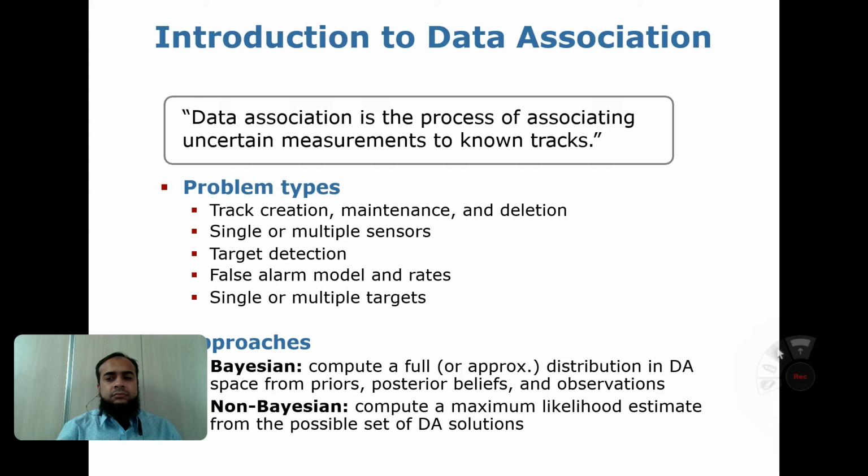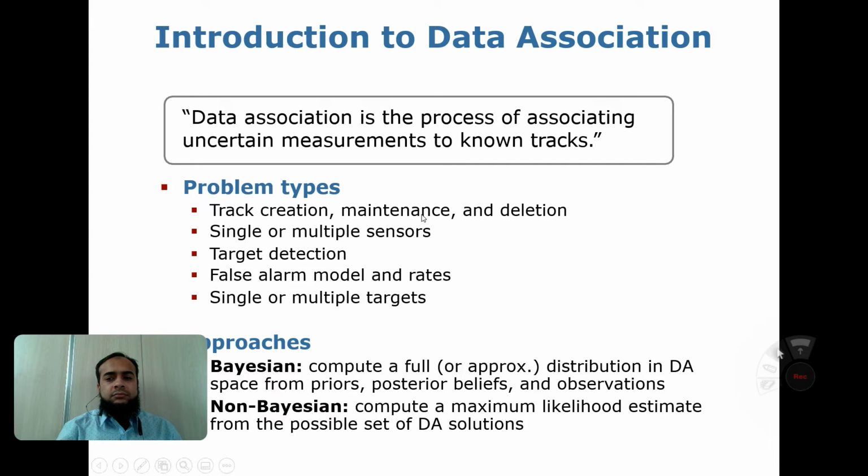In this way we can update the probability of target existence in each scan to maintain the track. For example, if a track has a target existence probability very much less than 0.01, then the track will be deleted. Deletion has its own threshold, different from the maintenance threshold.